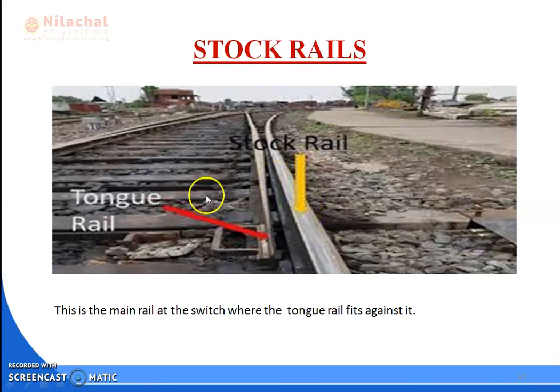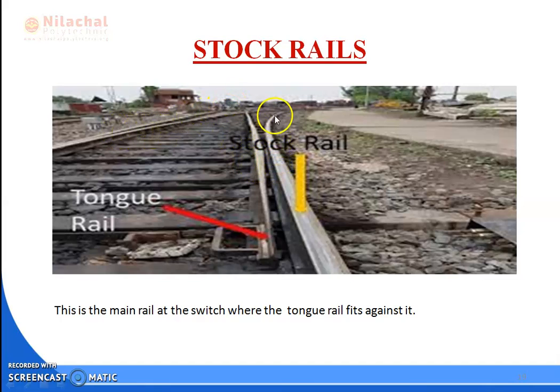But whenever your train moves, or whenever your train changes its track from one track to another track, it changes its direction. Here see the picture, this is a main line and this is also a main line. But inside that there are two tongue rails provided inside the main rail, because this is provided to change the track.